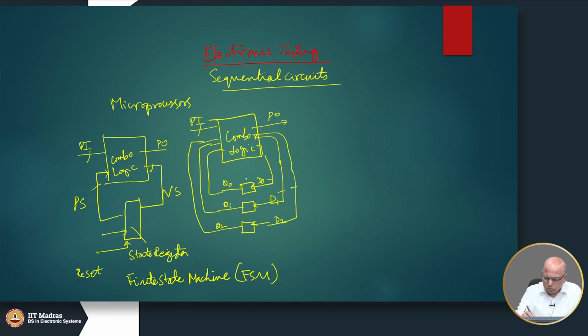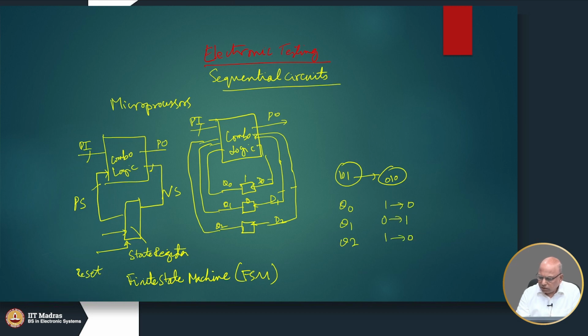So, they will all respond to the changes in the primary input. Suppose the initial state was 101, the flip flops contained the value 101, and let us say the next state is 010. It goes from state 101 to 010. So, Q0 has to change from 1 to 0, Q1 has to change from 0 to 1, and Q2 has to change from 1 to 0.